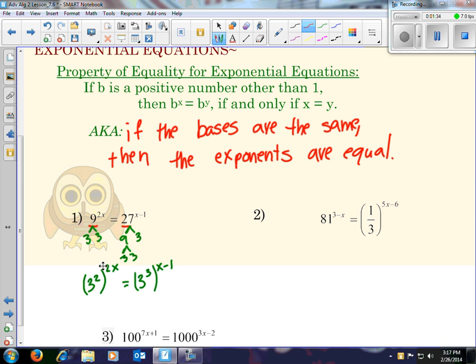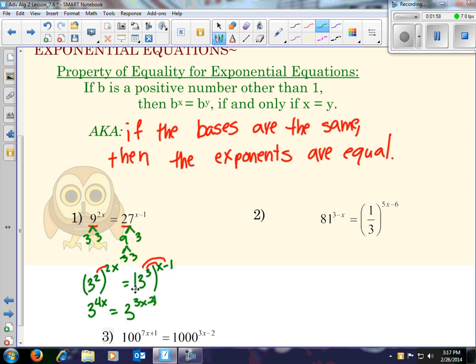I have 3 and 3, so I can multiply my exponents. Now don't forget that I have to distribute there. So I have 3 to the 4x is equal to 3 to the 3x minus 3. Now, since I have the same bases, it says if the bases are the same, then the exponents are equal.